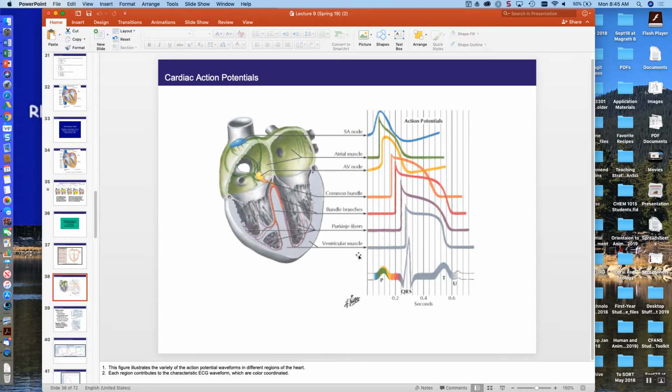In the ventricular muscle, these are the myocytes in the ventricle. If you impaled one cell, you would see a more stable resting membrane potential. And then once those graded potentials came through the gap junction, you'd see a rapid depolarization, followed by a plateau phase, repolarization. We talked about this last time. Remember that the refractory period, or the depolarization of those cells, lasts as long as the contraction itself.